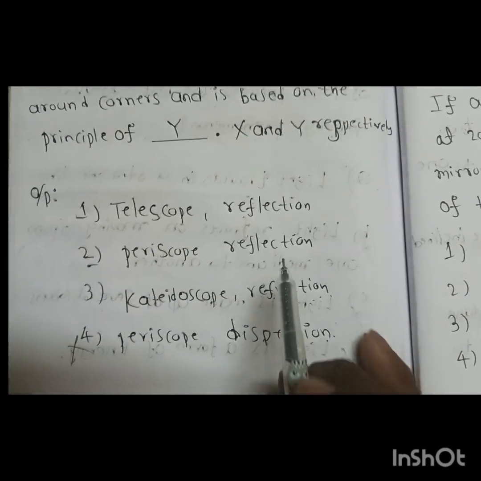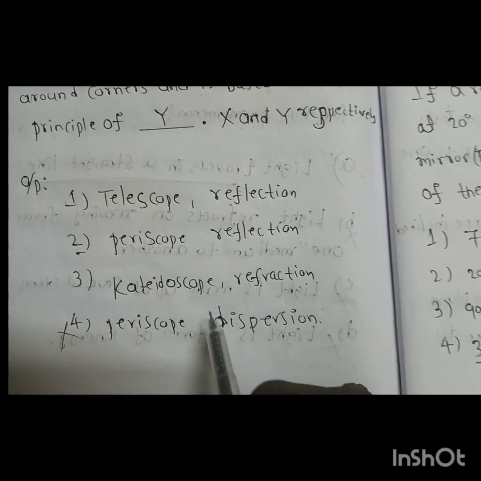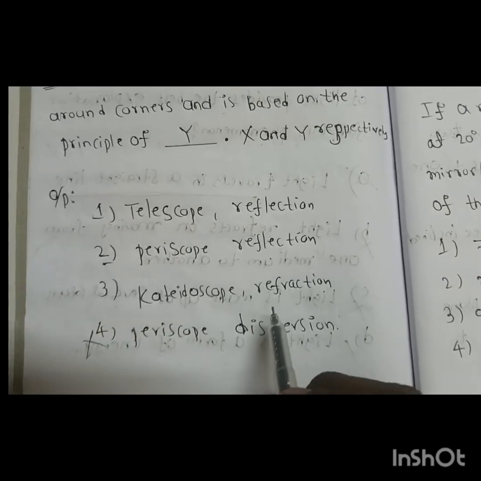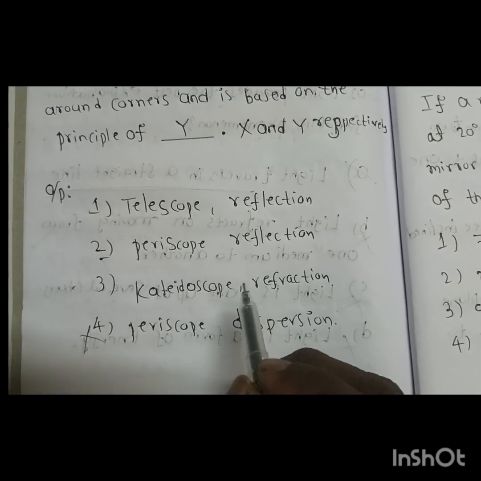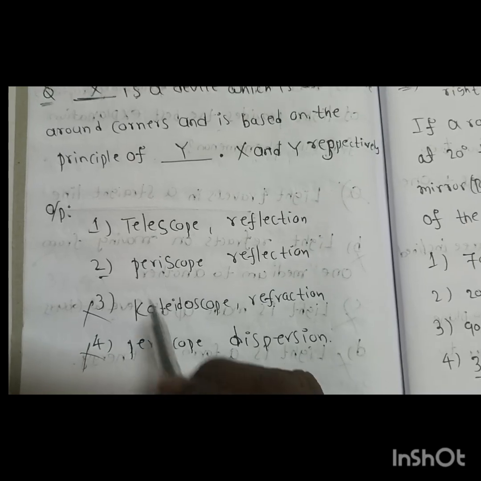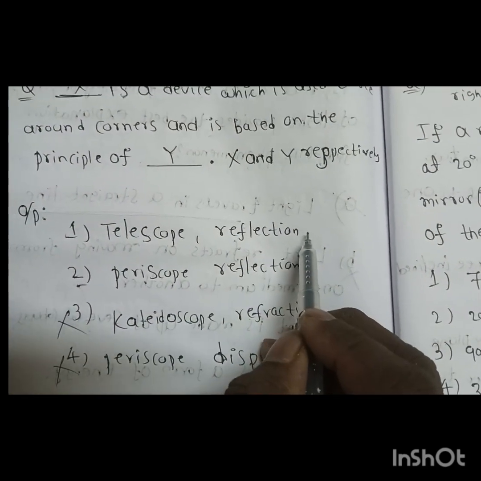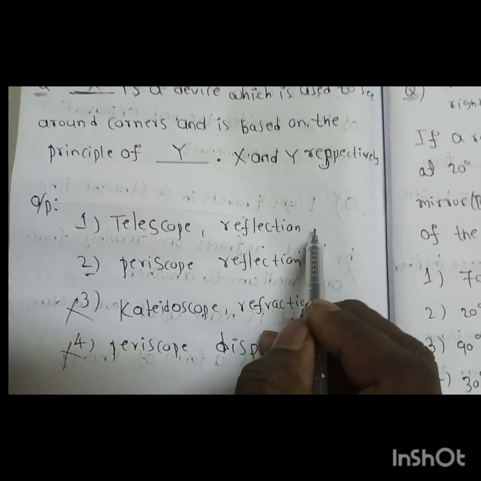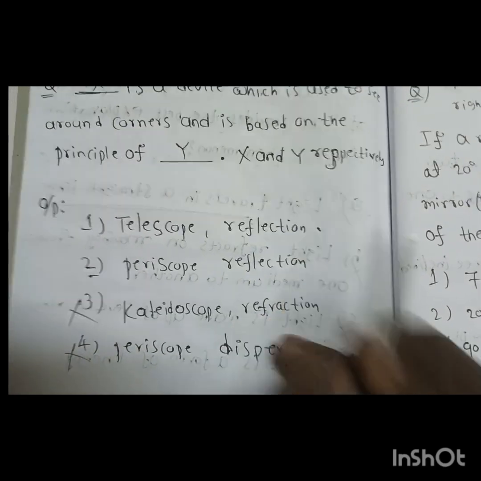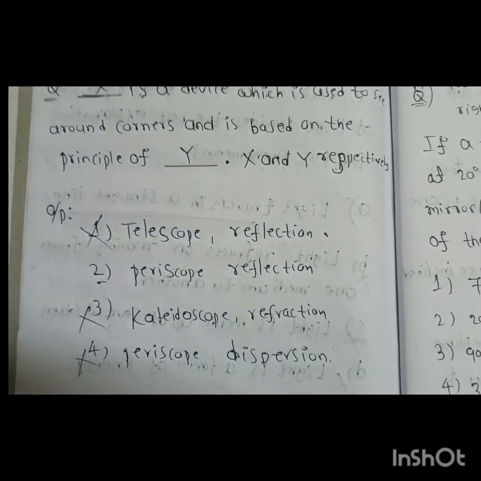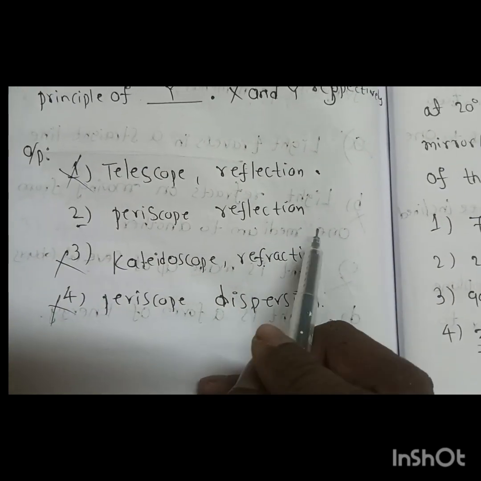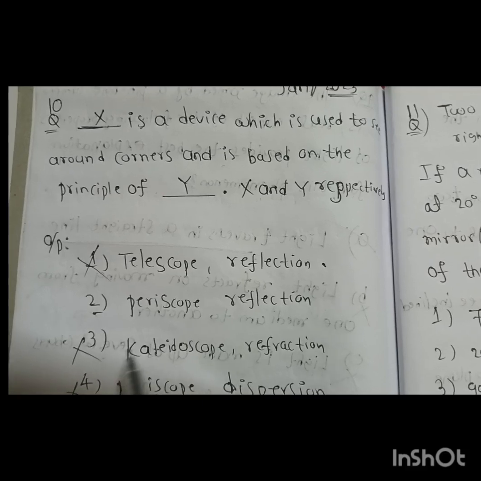Next, kaleidoscope is also not based on refraction. Next, telescope is not made up of reflection. So the best option for this question is periscope, reflection. So periscope is the correct option.